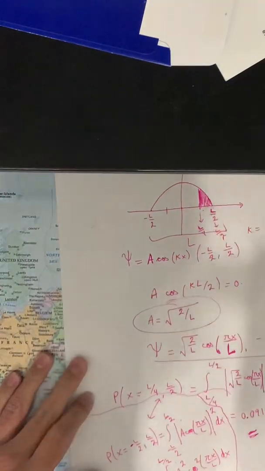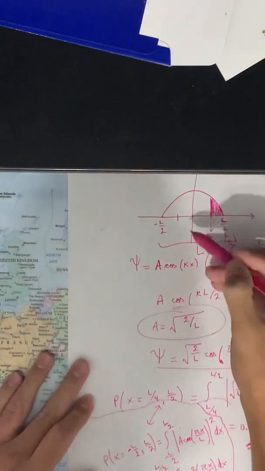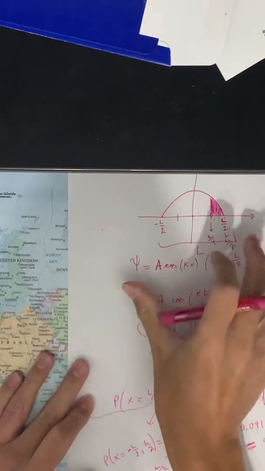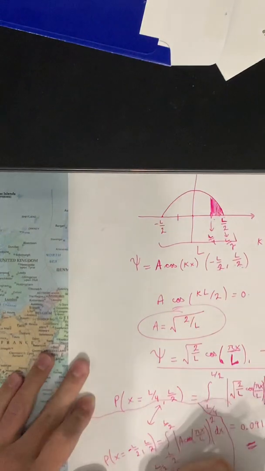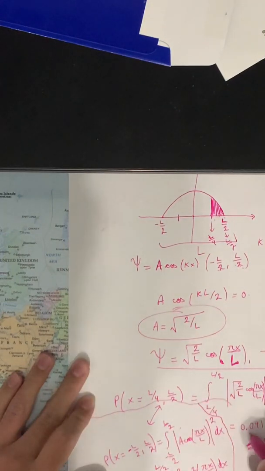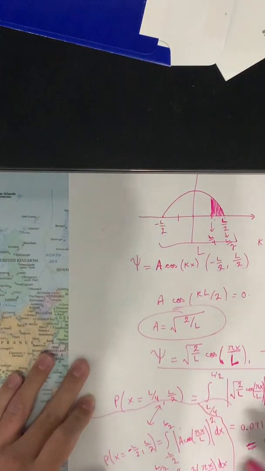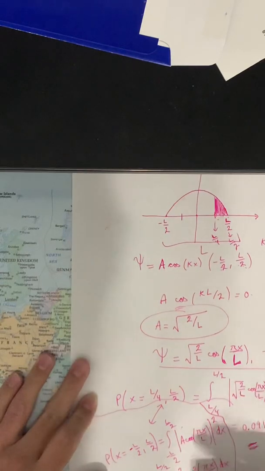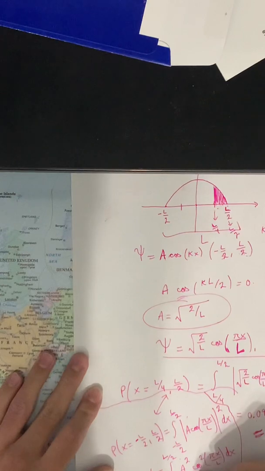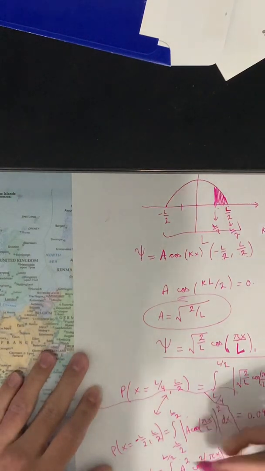But we know that the likelihood that we're going to find it in between this constrained position interval is going to be equal to 100%, or 1, relative to this 0.091. So what we did would be we would take this a squared out, and we would just say a squared, because it's a constant, is equal to the integral, which you would just solve.